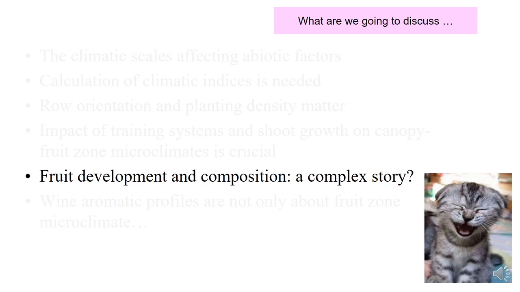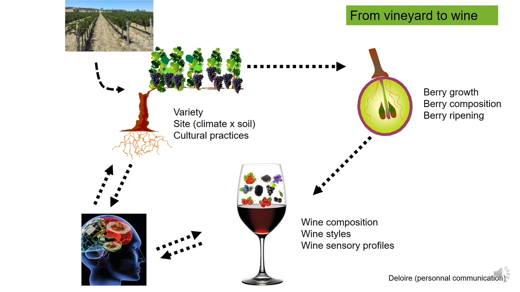So let's speak now about fruit development and composition, which is a complex story. Abiotic factors and cultural practices in vineyards will affect berry growth, berry composition, and the dynamic of berry ripening. The relationships between berry composition and wine composition are not so obvious because in between you have the winemaking processes.